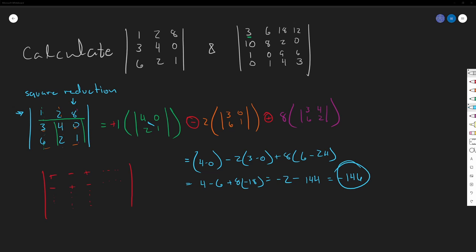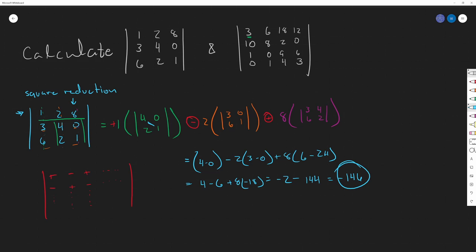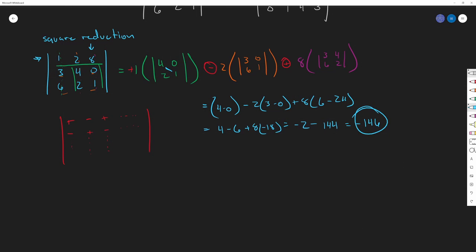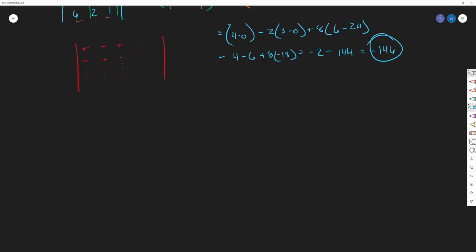And then now we're just going to go ahead and do it the other method. The other method, I'm pretty sure it has a different name, but I call it expansion. And so what you do is you just take the original matrix.